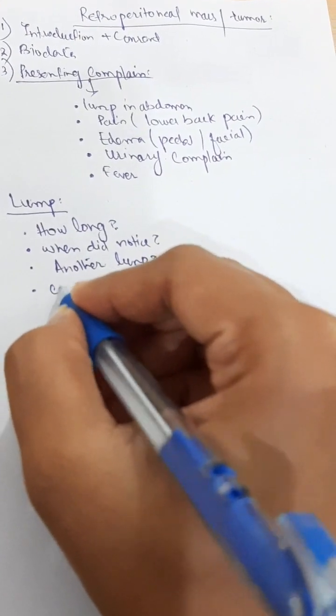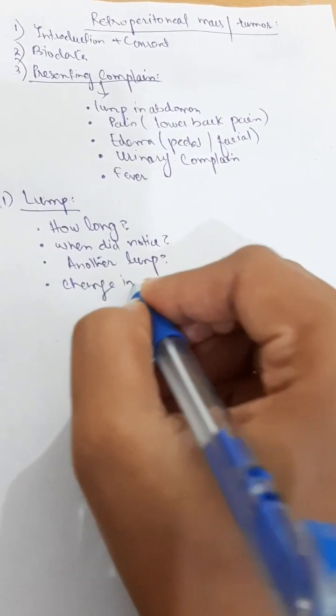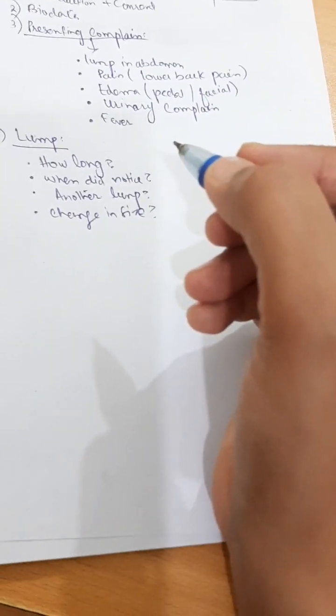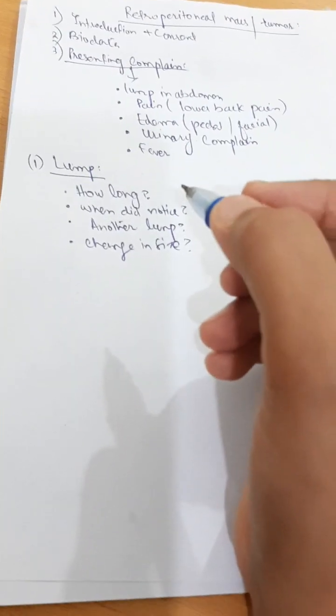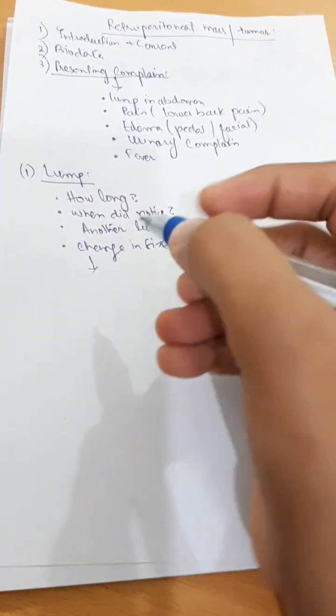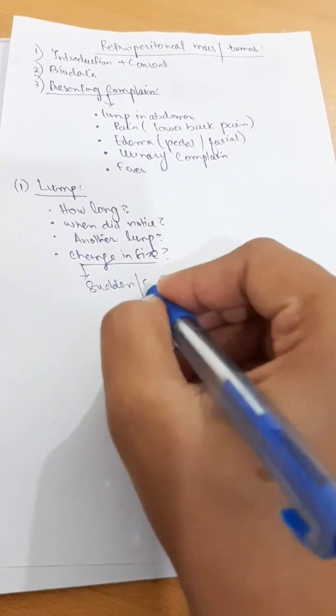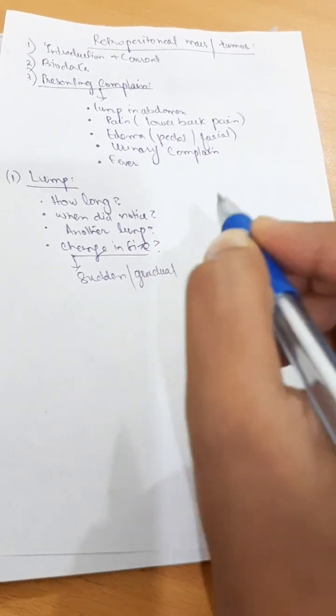Then ask about the change in size of the lump, whether it is increasing with time, remaining the same, or decreasing in size with the passage of time. And ask whether this change in size occurred suddenly or gradually. It's very important.